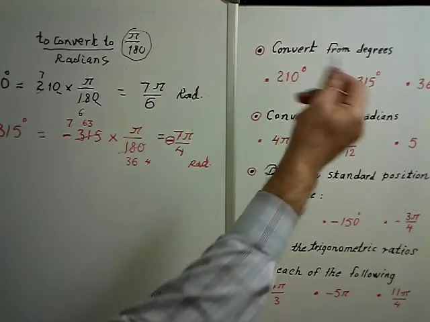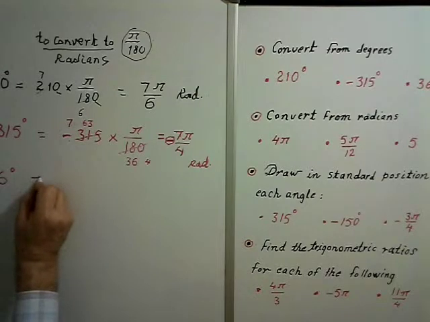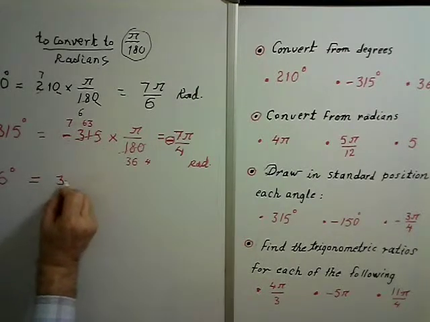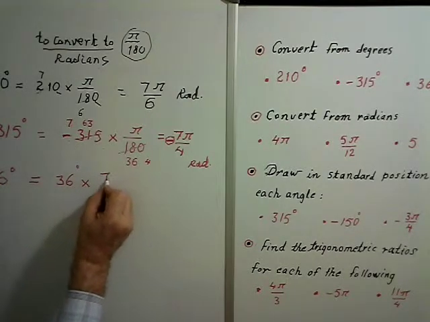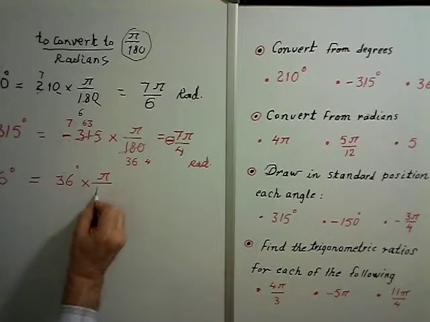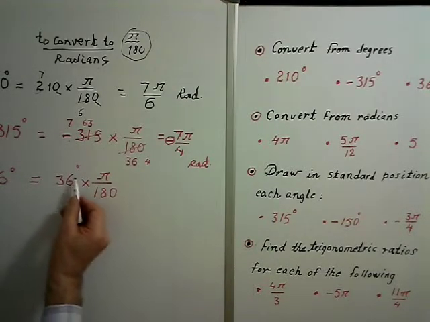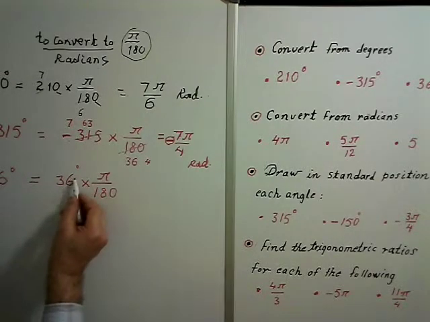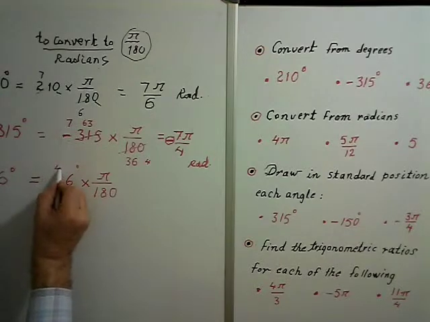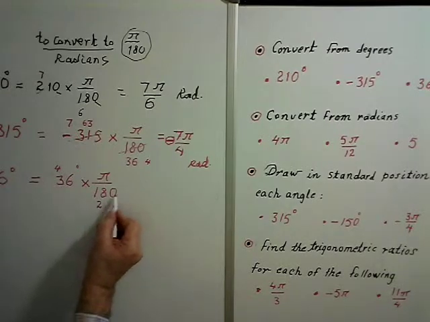And so for the third angle, 36 degrees is equal to 36 times pi over 180. You see, this can be divided by 9 and this by 9. On 9 here it will give you 4, and dividing 180 by 9, it will be 20.